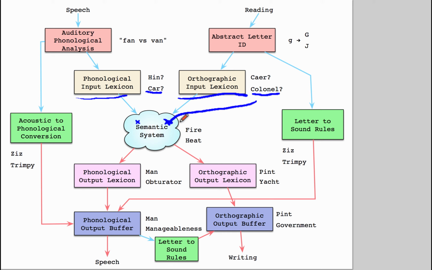And there's a match. So now we've got the whole shebang, don't we? We know what the word is, how it's pronounced, and what it means. Okay? So we can break down here, right? We can have people who do fine, but they have trouble linking the word to its semantic representation. Or we can have damage in the semantic system itself.